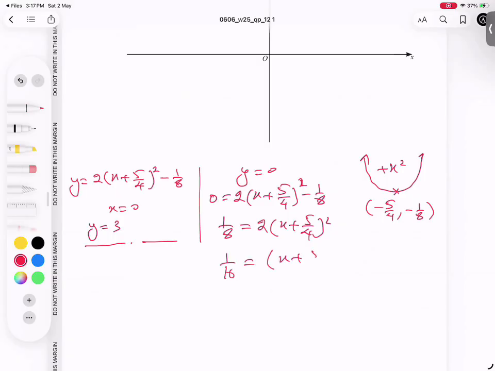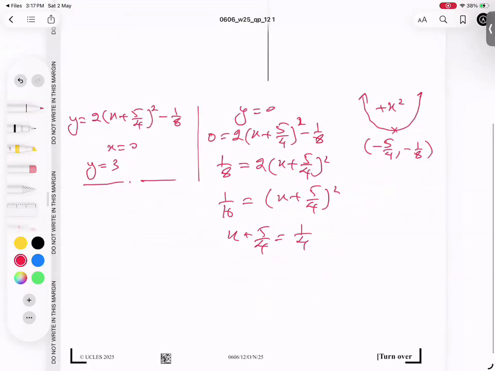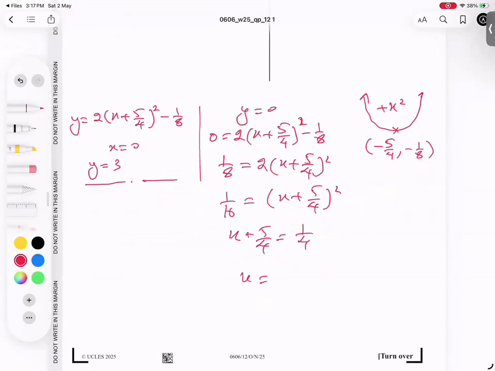And I will take a root now. When I take a root, students, I get plus and minus 1/4. So if I take plus or minus, two options we have. So 1/4 minus 5/4, I'm getting here -1.